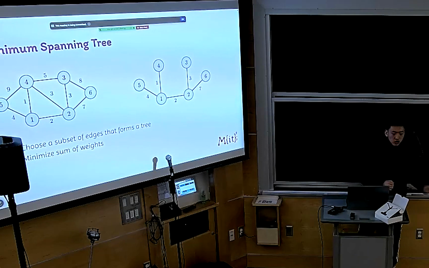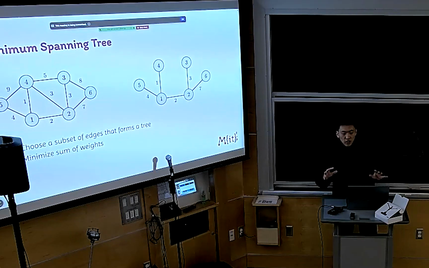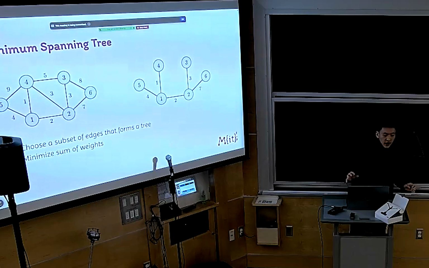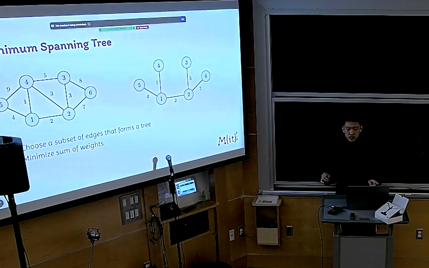So recall during our trees lecture that if you have two different connected components, and the structure within those connected components is a tree, and you add an edge between the two connected components, this new connected component must still be a tree because it's acyclic and now it's connected, right?